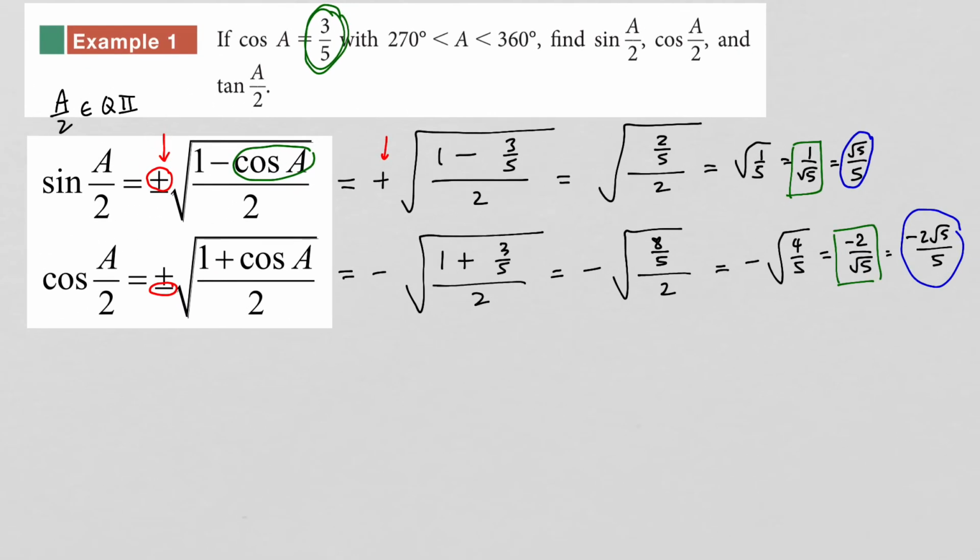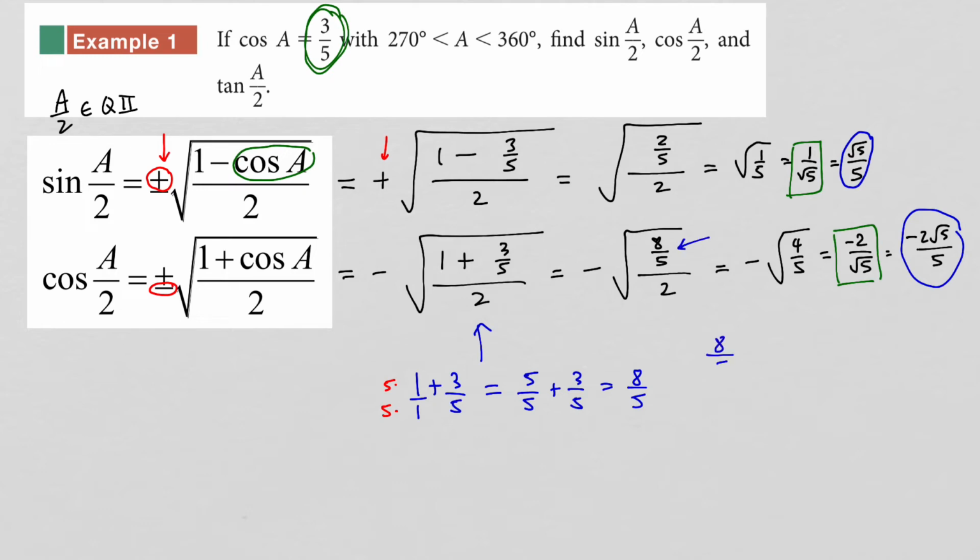And once again, just to show the detail here, and I probably should have done this for the last one, in the beginning, when I said 1 plus 3/5 is 8/5, remember that 1 is 1 over 1, and so all I'm doing here is multiplying the top and bottom by 5. So that gives us 5 over 5 plus 3 over 5, which is 8 over 5. So that's how I got that number.